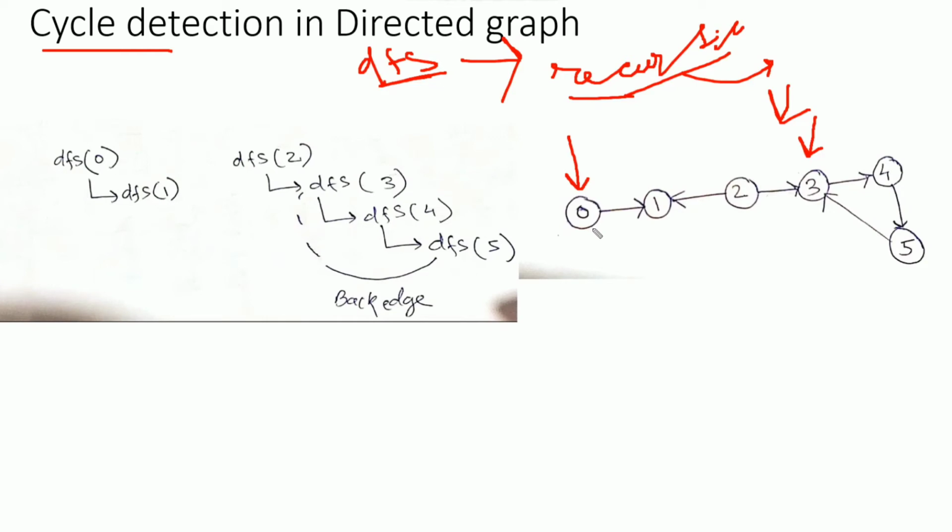Means 0 comma 1 and 1 comma 0 are the same, as there is an unordered pair of vertices in case of undirected graph. But in case of directed graph, if we are directing from 0 to 1, it does not mean there is a direction from 1 to 0, and 0 comma 1 and 1 comma 0 are not the same. Basically there will be an ordered pair of vertices.